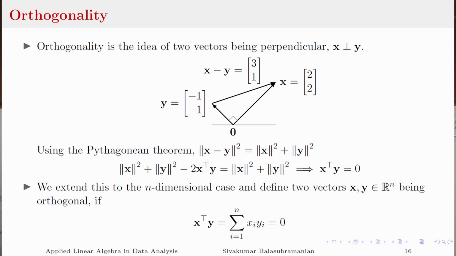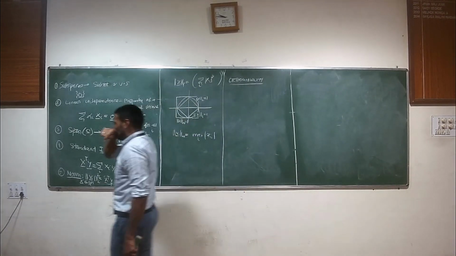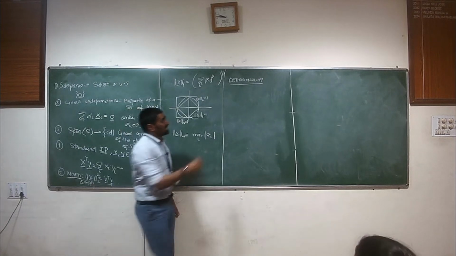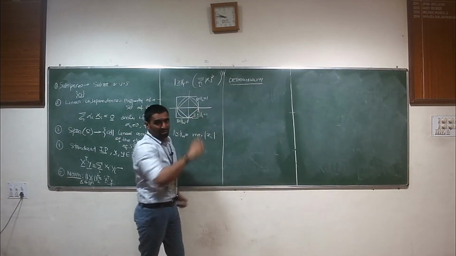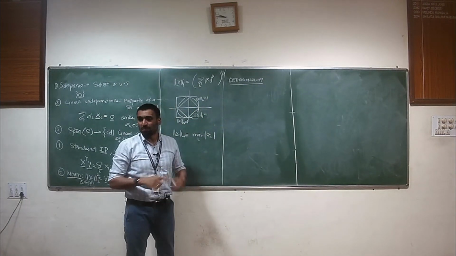Right. The next important idea that we'll talk about is the idea of the orthogonality of vectors. Okay. And when we say orthogonality, we're talking about the idea of two vectors being perpendicular to each other.